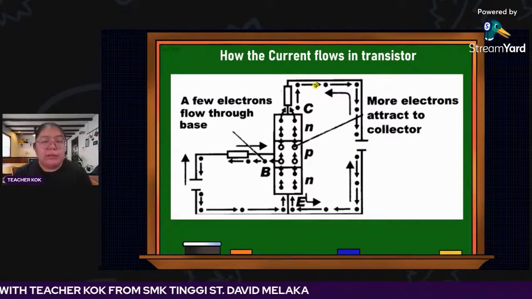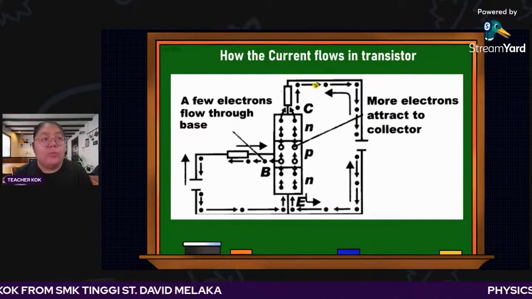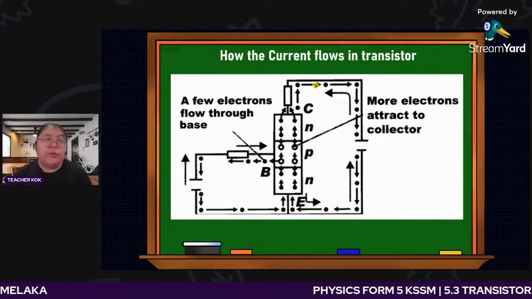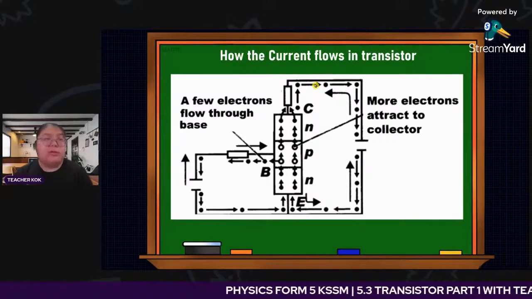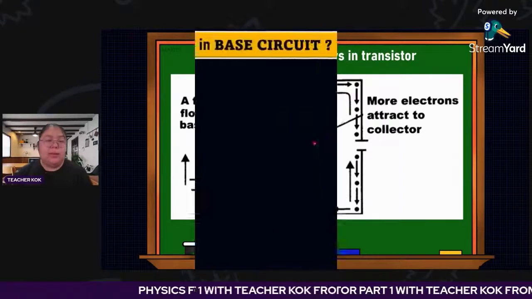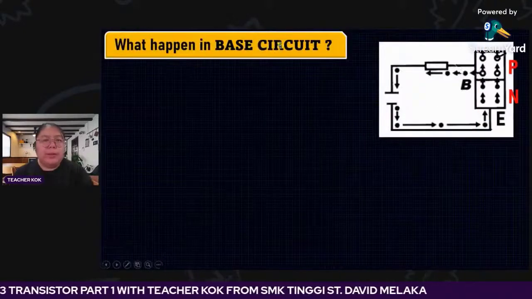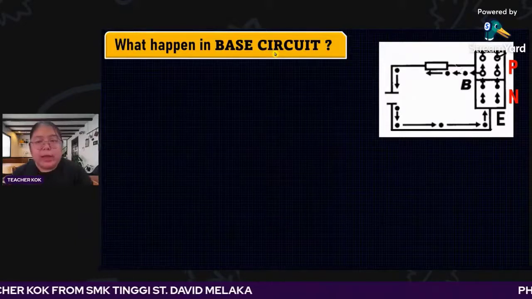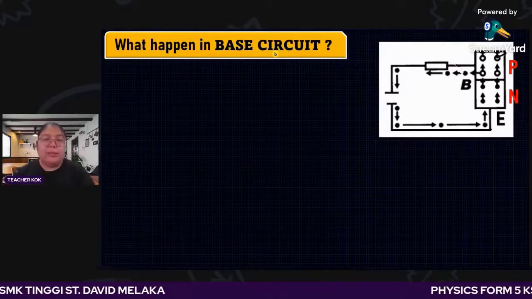So the important thing is how to make electrons go to the collector circuit. This is one of the questions for the transistor. What happens in the base circuit? The base circuit is forward biased. Just now I showed you the diagram, forward bias, no problem.